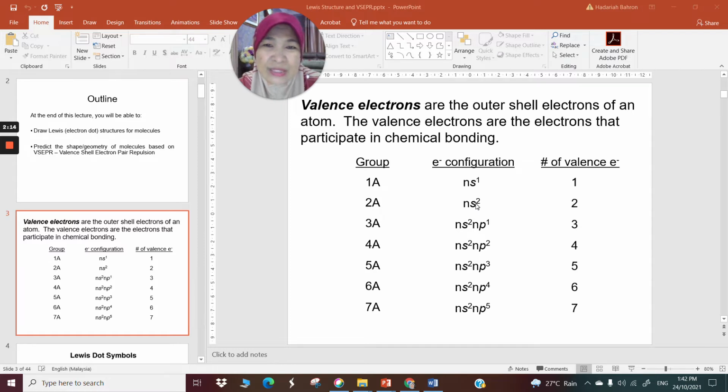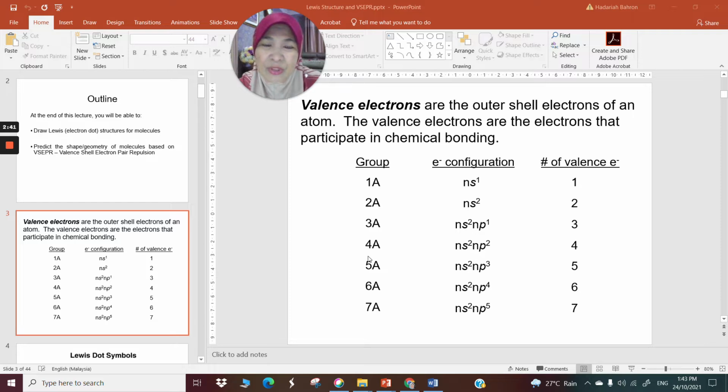So s2 means there are two electrons in the s orbitals, and the number of valence electrons is 2. Going on to group 3A, you have 3 valence electrons because the electron configuration is ns2 np1, so s2p1, giving you 3 valence electrons.